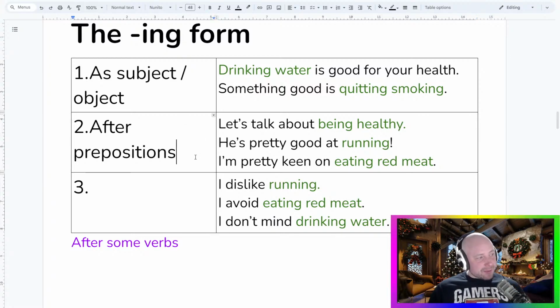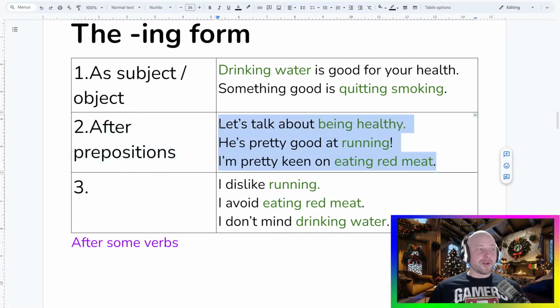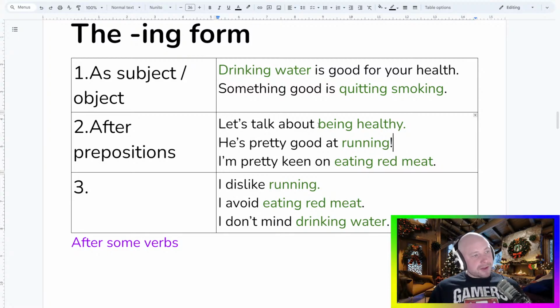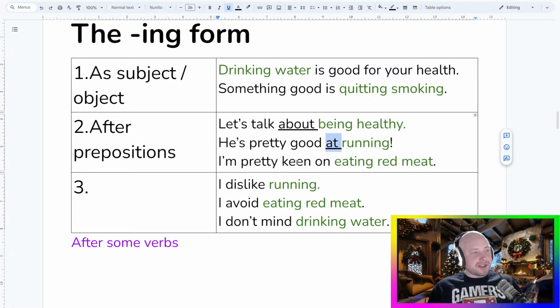So that really is what a preposition is supposed to do. So in fact, also in 2, we could call that the gerund as well. That is the verb acting as a noun. Notice we have the prepositions there. Let's highlight them: the preposition about, the preposition at, and the preposition on.